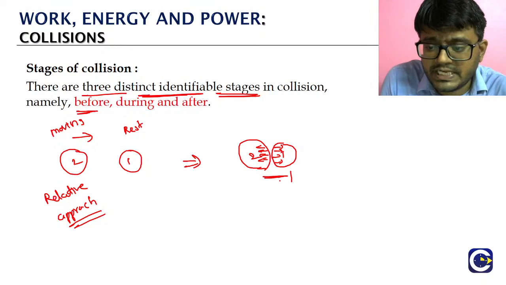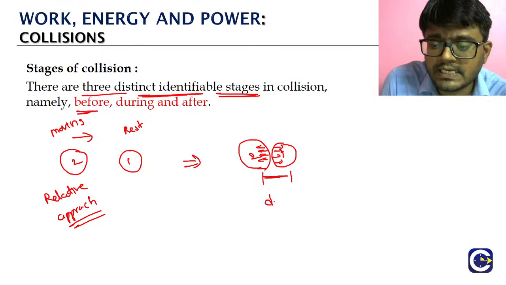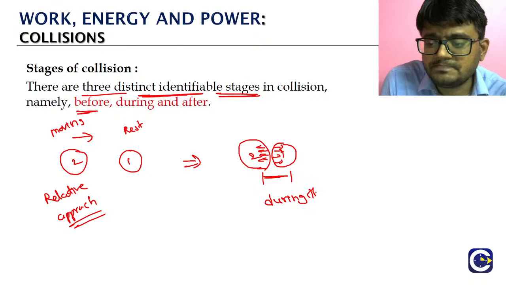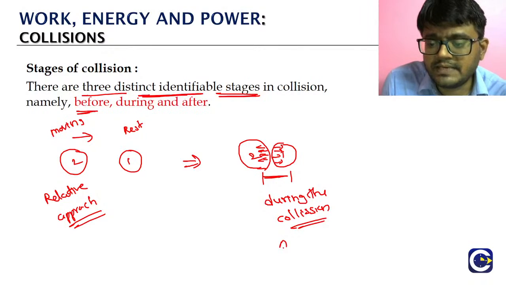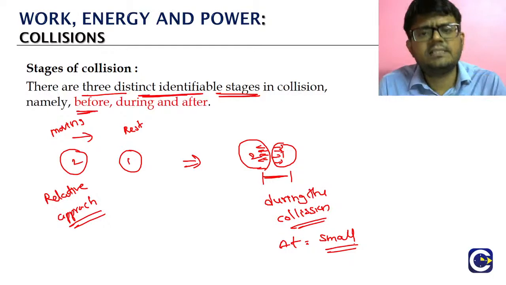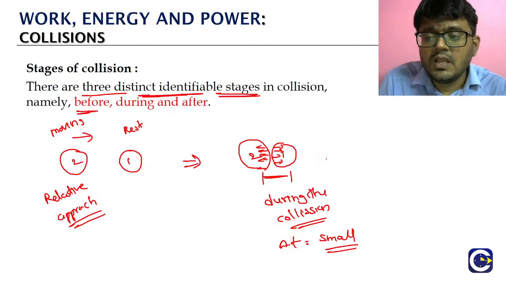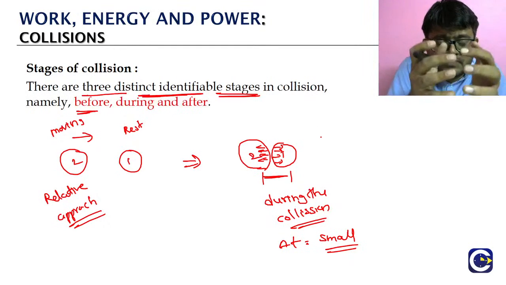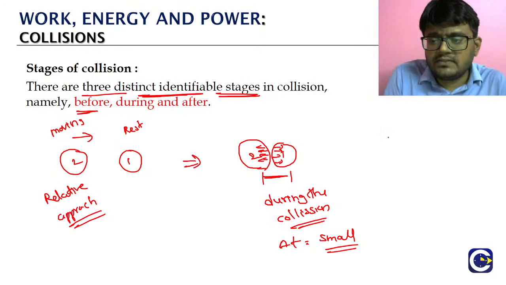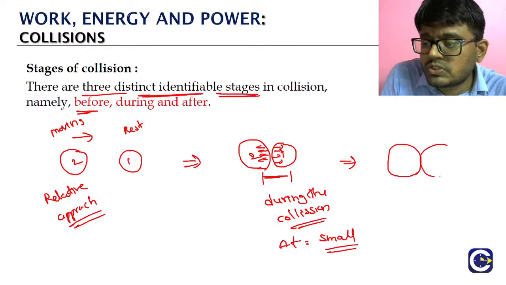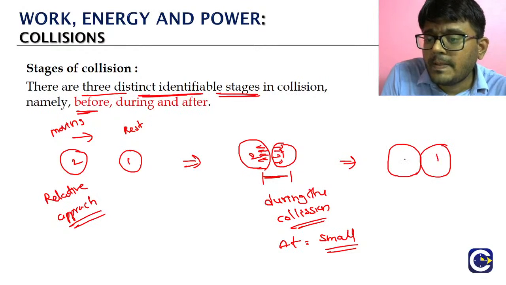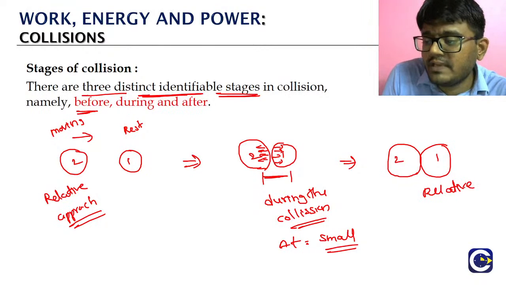This time duration is what we will be calling the during the collision, and this is the one that is important. This time, delta t, is a very small value, in the range of a millisecond or a microsecond. Now once the molecular space has bounced back, the objects start relatively moving away.